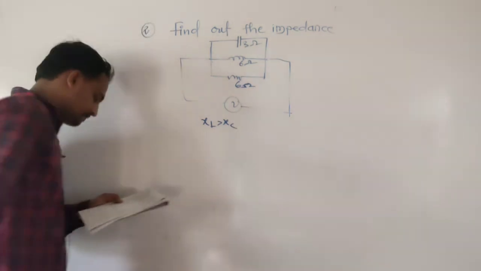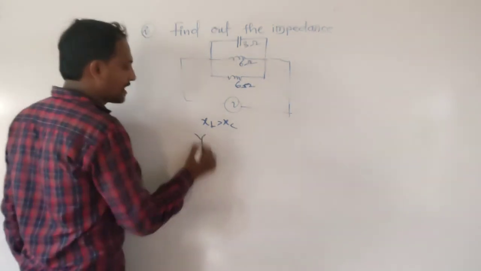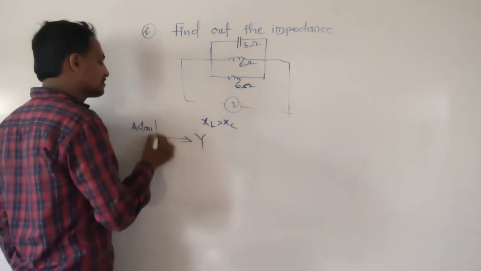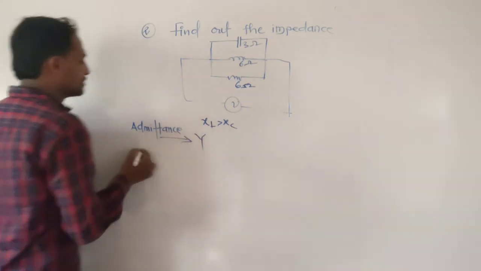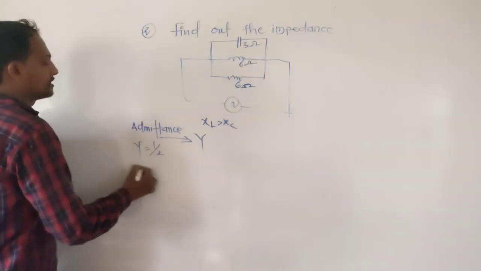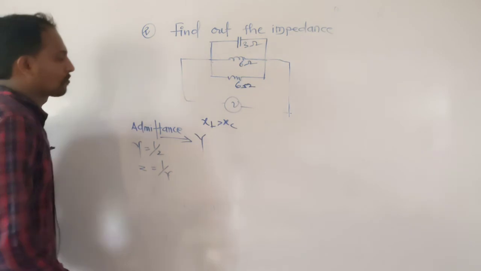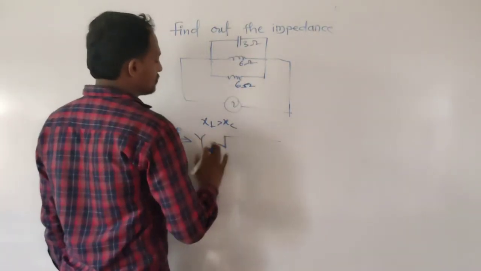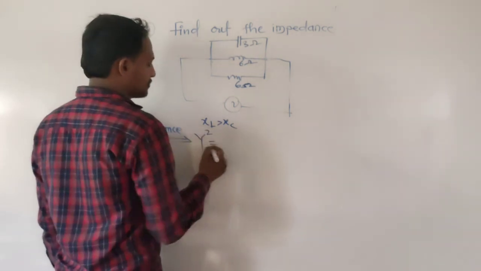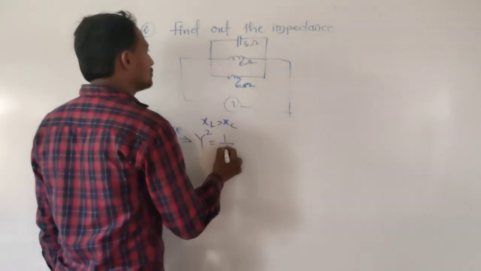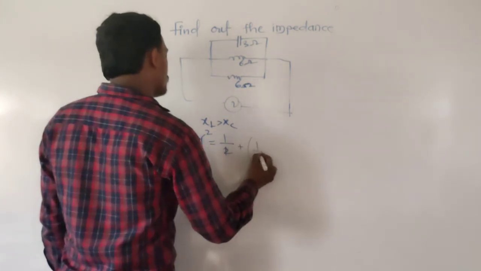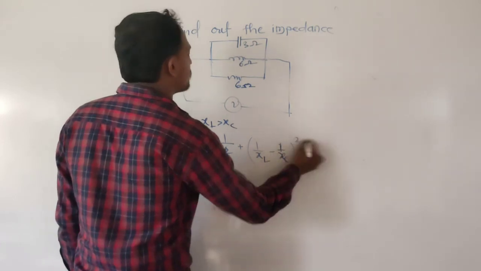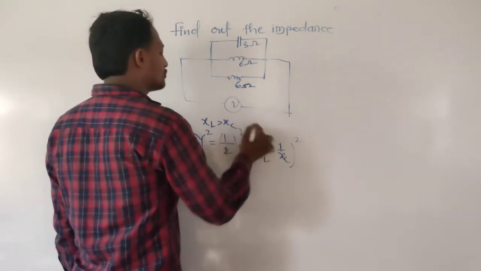So here we use the formula of admittance, which is the reciprocal of Z. Y is equal to 1 upon Z, or Z is equal to 1 upon Y. We take Y square directly, so it is simple. Y square is equal to (1 upon R) whole square plus (1 upon XL minus 1 upon XC) whole square.